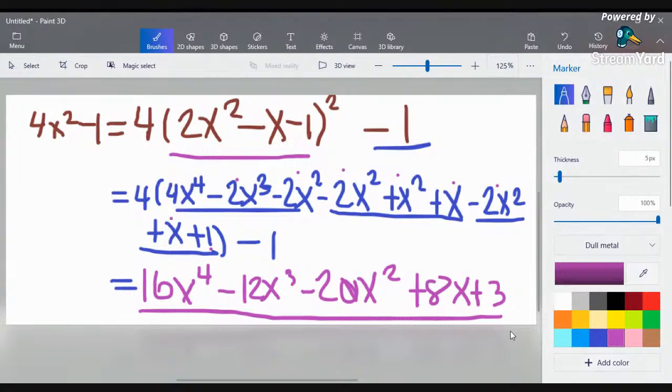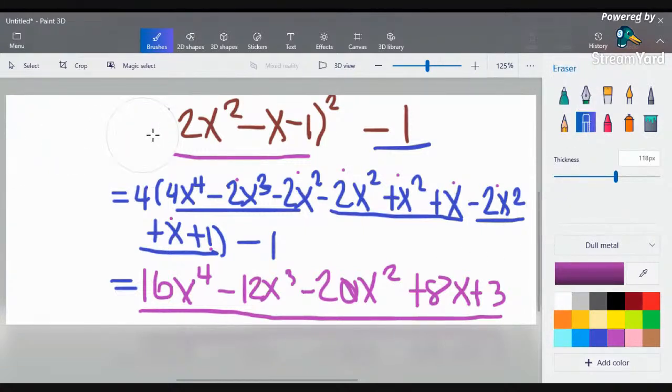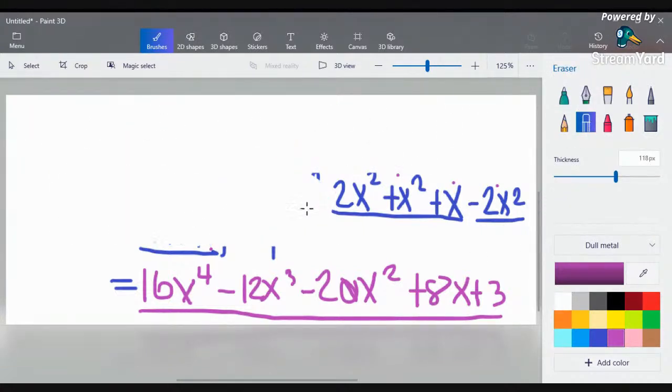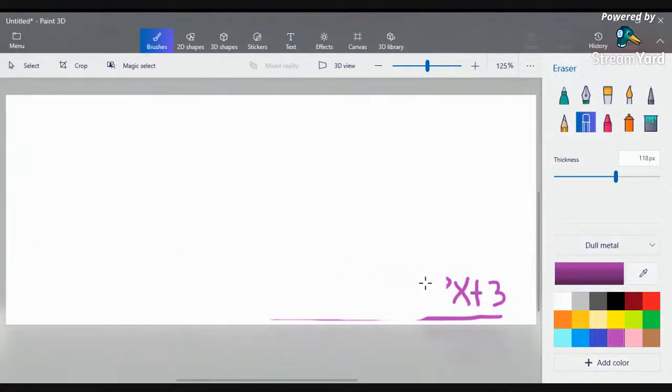Okay, for the enrichment activity, I think you can do that. Just do what I was doing. And let's proceed to the problem solving. For problem solving, I will not change slides.